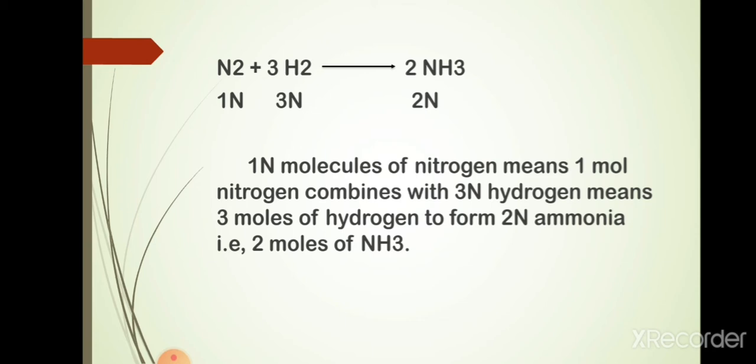That is, 1n molecules of nitrogen, meaning 1 mole of nitrogen, combines with 3n molecules of hydrogen, meaning 3 moles of hydrogen, to form 2n molecules of ammonia, that is 2 moles of ammonia. Now we have clear information on the number of moles that we have to use in this reaction for the synthesis of ammonia.